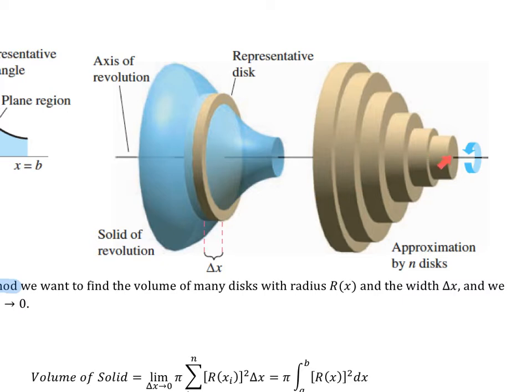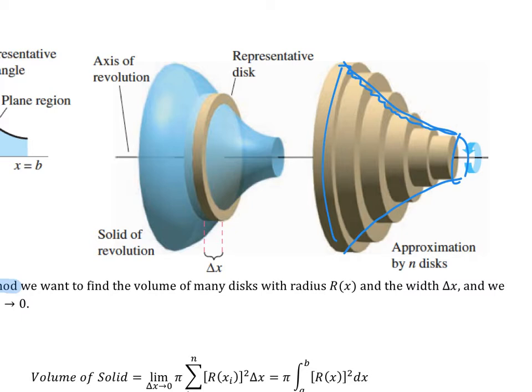But when these disks get real thin, then this is going to start to get really close to that funnel. And eventually, when they're infinitely thin, then we have the perfect blue solid of revolution.